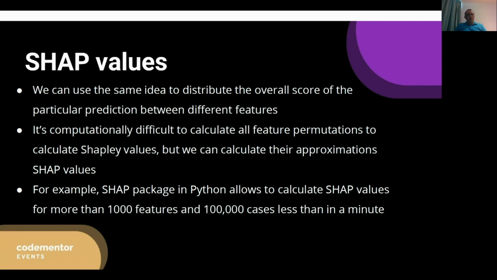It's a linear approximation of Shapley values, and we can calculate these Shap values quite fast and effectively. For instance, for 1,000 different features and 100,000 different cases, we can calculate it in less than 1 minute on a quite ordinary computer.